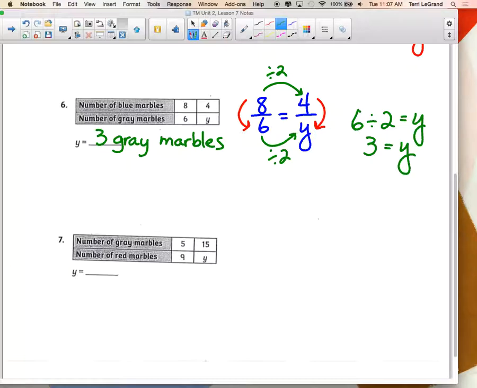Seem reasonable? Why is it reasonable? It's supposed to be what?